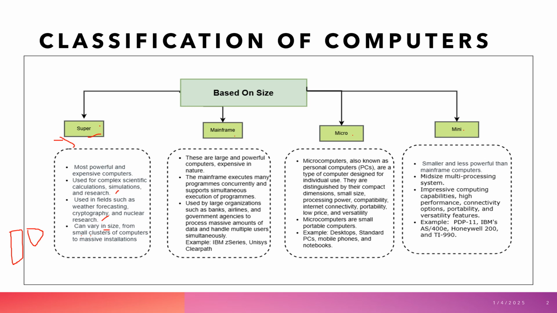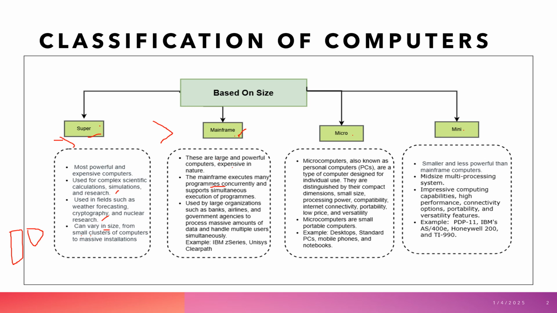If we move to the next category, that is the mainframe computers, they are smaller in size as compared to the supercomputers, but still they are large and powerful and expensive in nature. They have the capability to execute many programs concurrently or simultaneously.